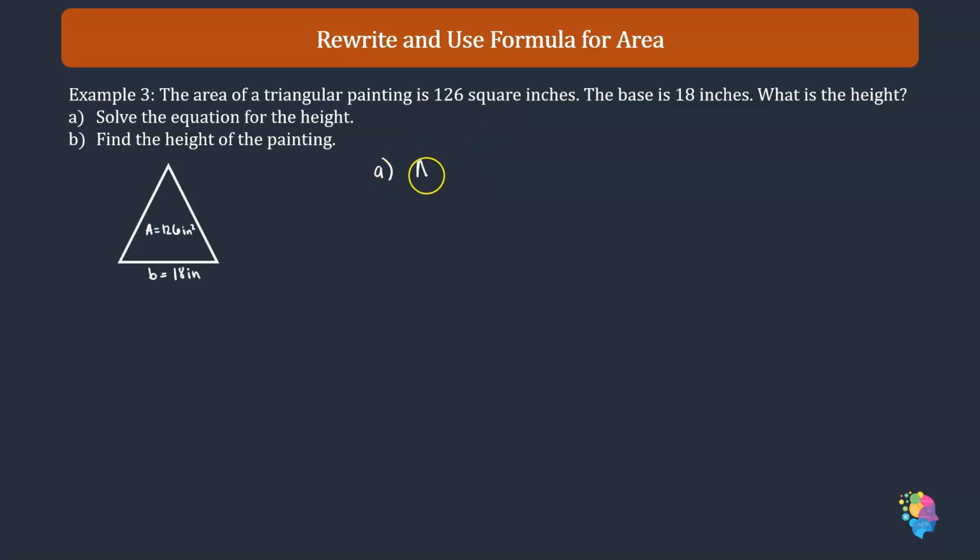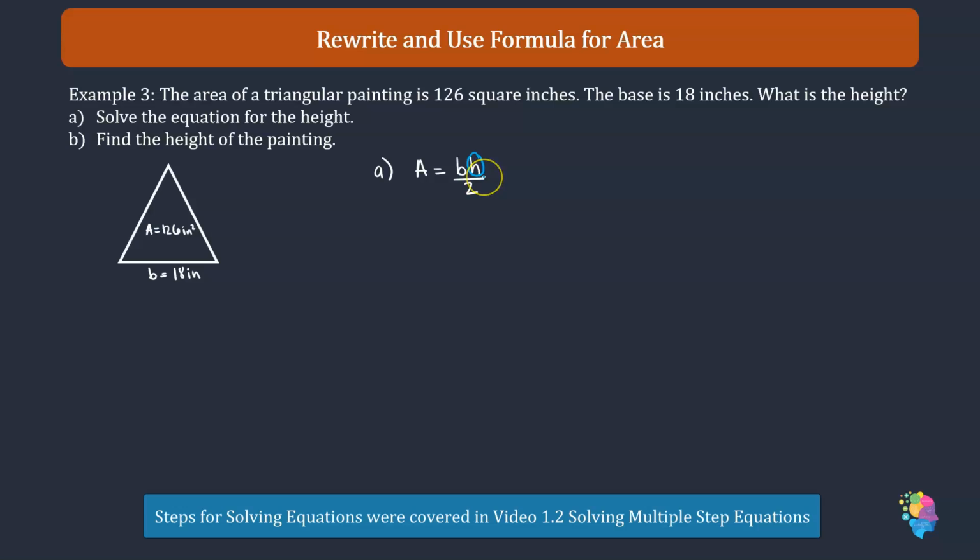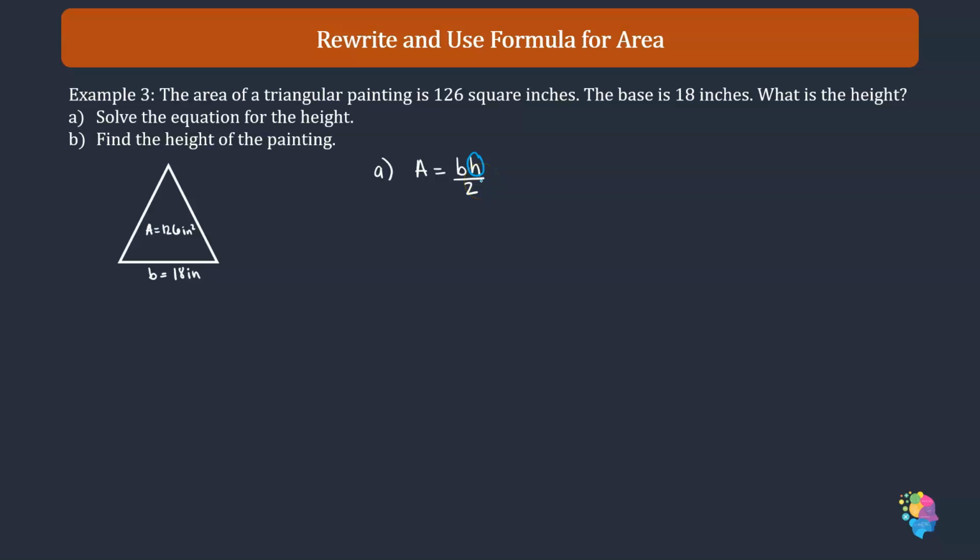The formula for area of a triangle is base times height divided by 2. I need to solve for h, so I need to move the b and the 2. Remember, we're solving equations. The steps for solving equations are, if you remember, parentheses, which we don't have any, and then we have to eliminate fractions, which we do right here, this 2. So we're going to do that.